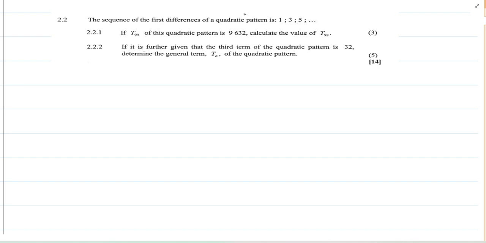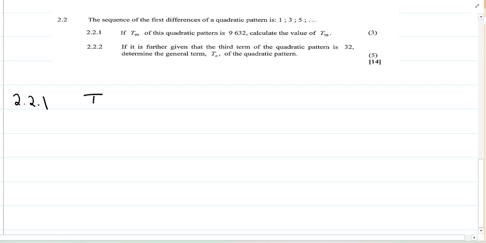Now before you can answer this, you need to have a picture of what they are talking about. So now let us do a rough sketch here of what they are talking about. For the quadratic pattern, we don't know T1, we don't know T2, we don't know T3. It continues that way, but there is something that we know.